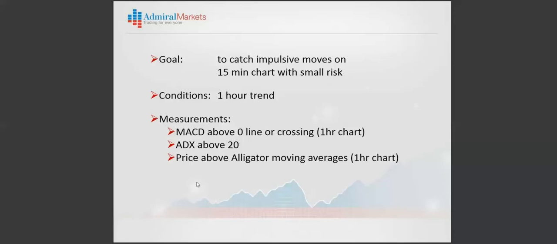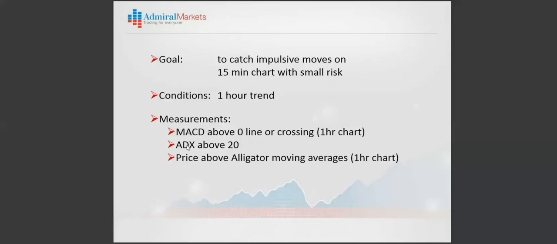Now, what we're going to be using is the MACD, the ADX, and we're going to be using the Alligator as well. Now, most of you should know the MACD. The ADX, for those of you who don't know that, who were not by any chance last week in our webinar, is the average directional movement indicator, and it doesn't indicate what direction the trend is, but it indicates how strong the move actually is.